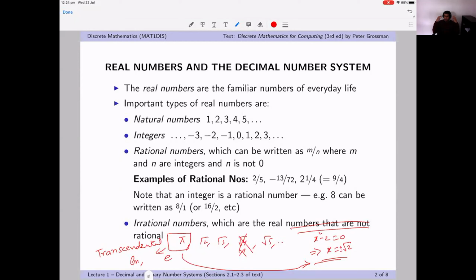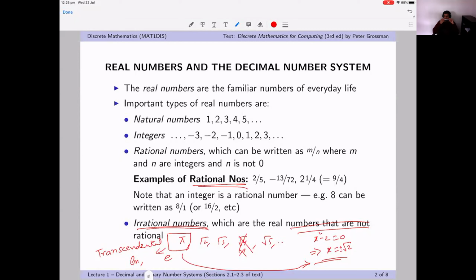Now, naturally, you want to ask, there are rational numbers and there are irrational numbers. Think about which numbers are more than the other.